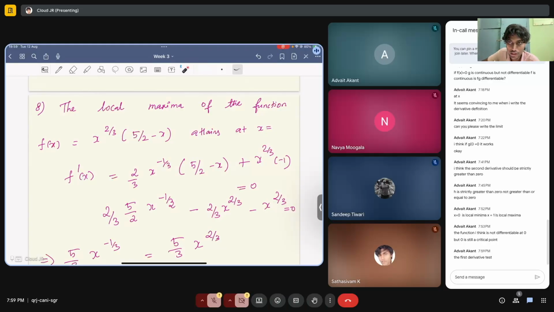So first derivative test. No, we cannot apply the first derivative test. Can you still apply the first derivative test? I don't know. I think if it is a critical point, you apply the first derivative test. I mean, when the derivative exists, at least that much I know that one can apply the first derivative test. When the derivative itself does not exist, can you apply the first derivative test?